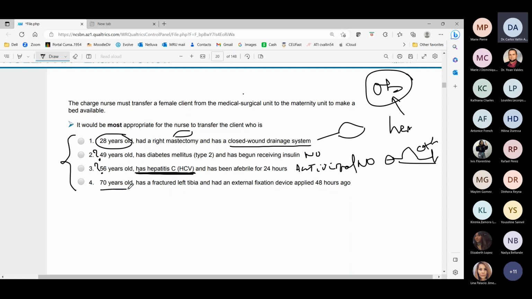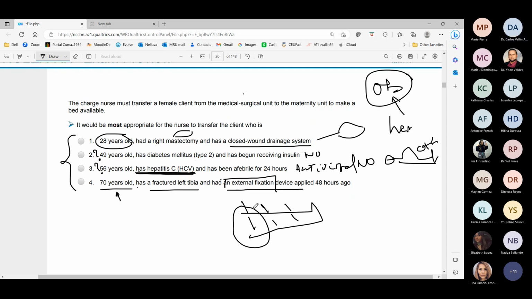Let's see the last one, 70 years old. This is an age that OB nurses are not very used to dealing with. Has a fractured left tibia and an orthopedic external fixation. This is something that has several pins, a ring on each one of those pins, and a lot of bars sustaining this, and it needs orthopedic care.